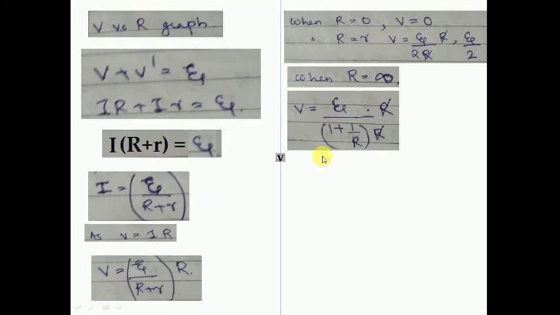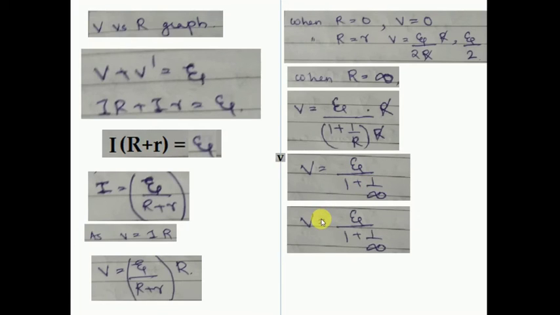Now you put R is equal to infinity, so this will be small r by infinity, and something by infinity is 0, so I can write E by 1 plus 0, so V is equal to E. Theoretically also we know EMF is the terminal potential when R is infinite, that means open circuit. So this is the thing.